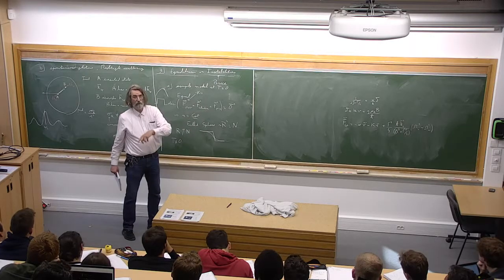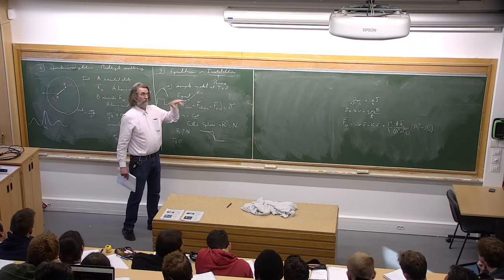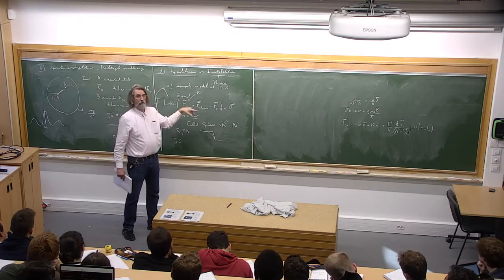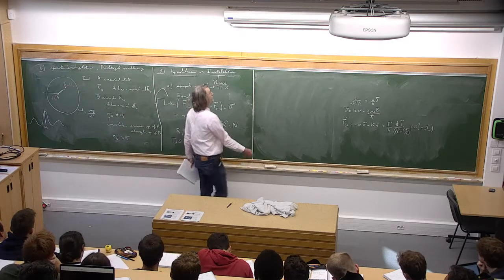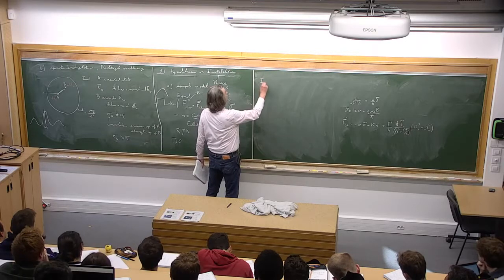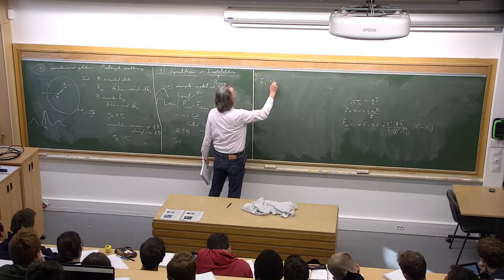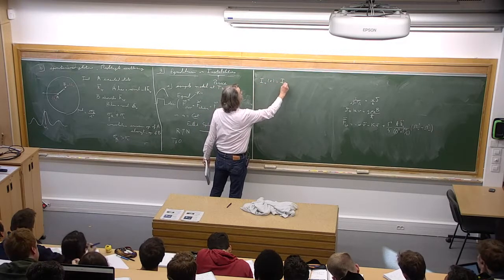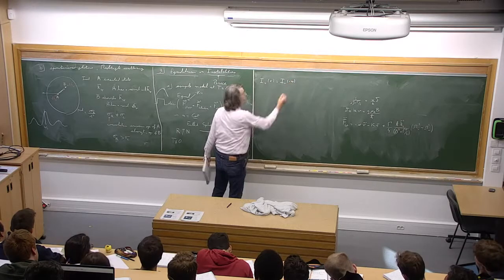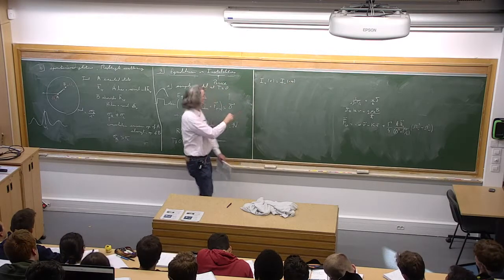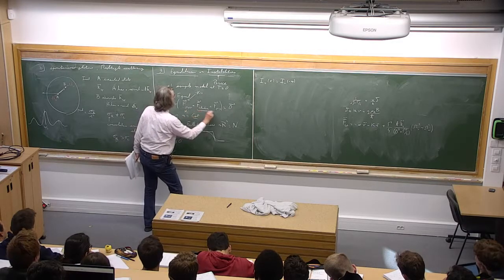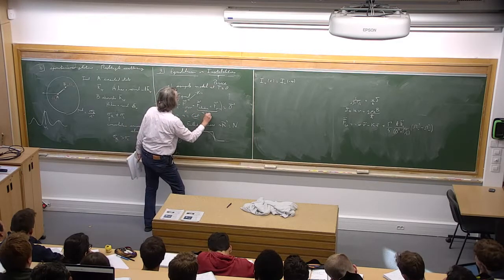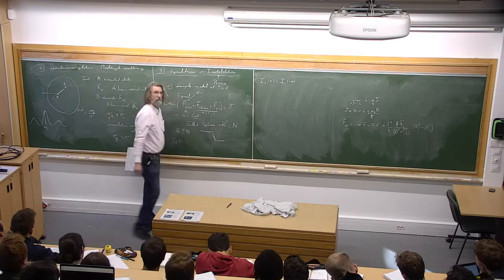And if you are in the low absorption regime, you can replace I plus of x by I plus at infinity. And so this is just k, and this is n times something.